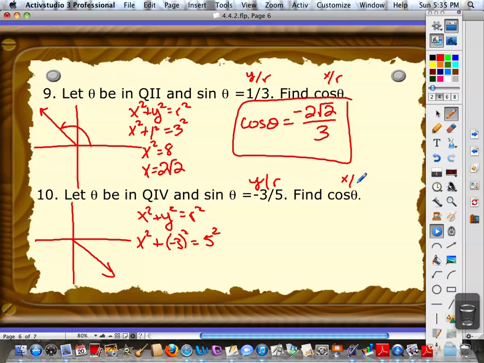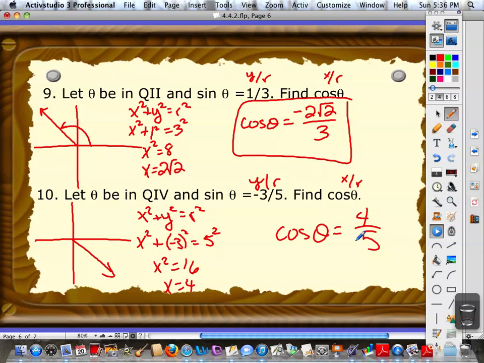We know the cosine is x over r. So when we solve this here, we're going to have x squared equals 25 minus 9, which is 16, and x is 4. Okay. So cosine is x over r. So cosine of theta is x, which is 4, divided by r, which is 5.